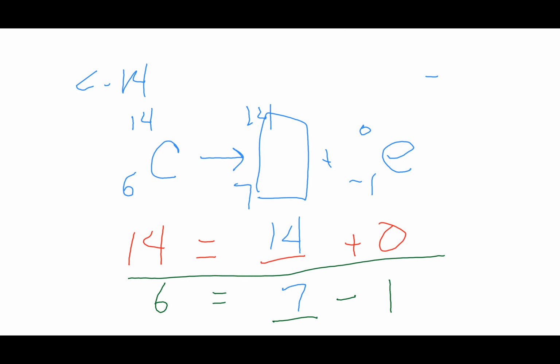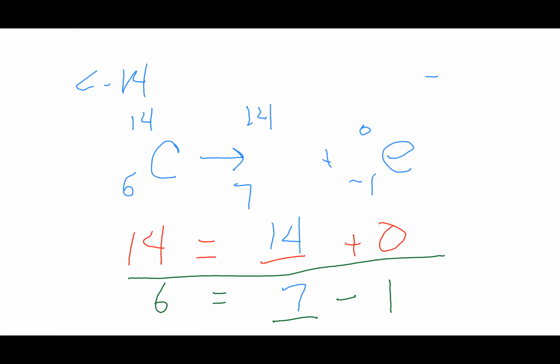I wonder if I could erase this square. Okay. So if I have 7 on the bottom, 14 on the top, what element do I put right here? Well, what element is element number 7? Let me go to my periodic table and look up element 7, which is right here.